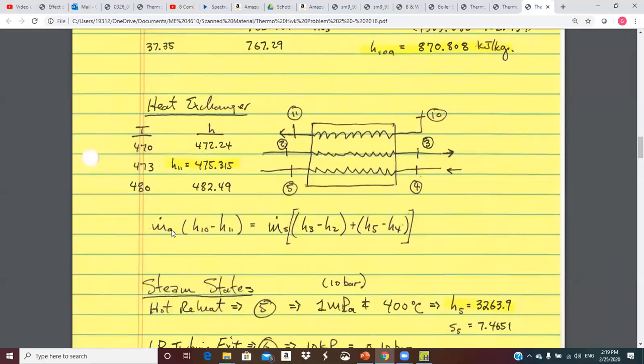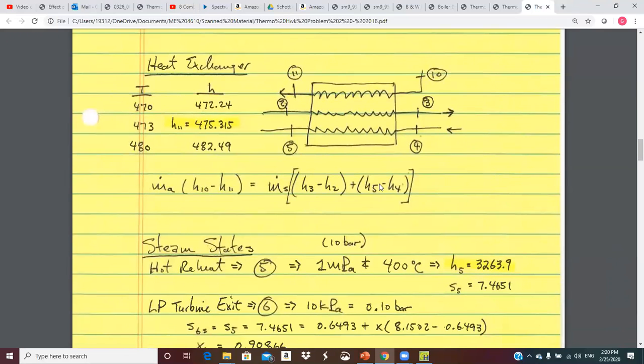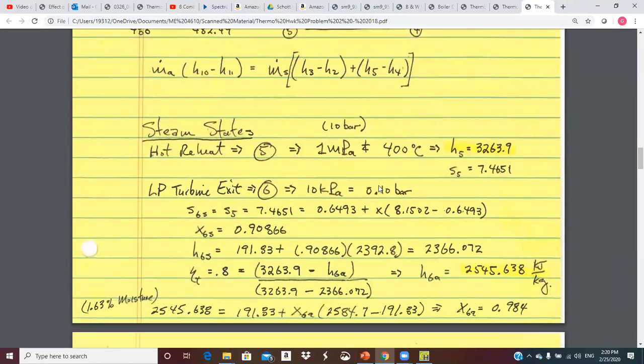M dot A times (H10 minus H11) is equal to the energy picked up by the steam. That's M dot S, which is constant for both of those flows, so I factor it out: H3 minus H2 for this flow, and H5 minus H4 for this flow. So that's our basic energy balance on the heat exchanger.